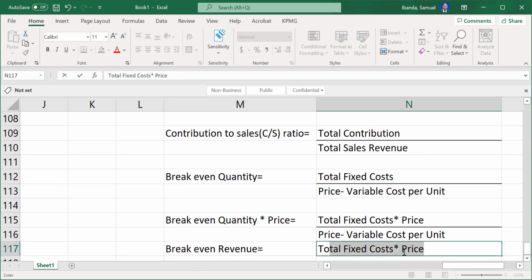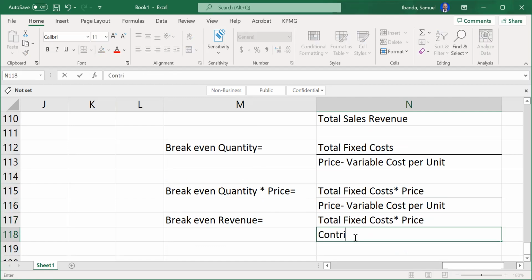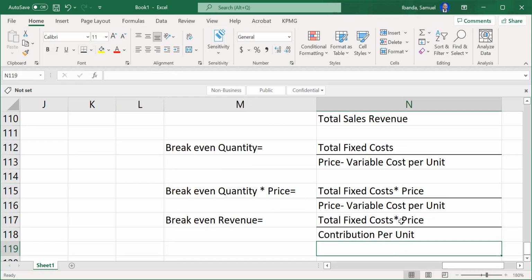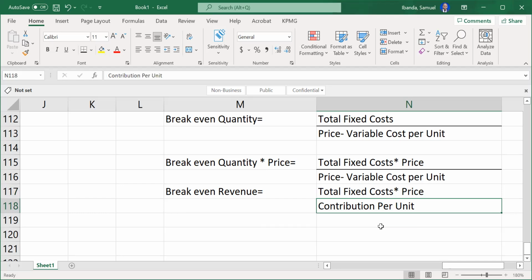This is total fixed cost times that. I'm going to change this to contribution per unit. Price minus variable cost per unit gives you contribution per unit. So what this means is that break-even revenue is equal to total fixed costs times price divided by contribution per unit.